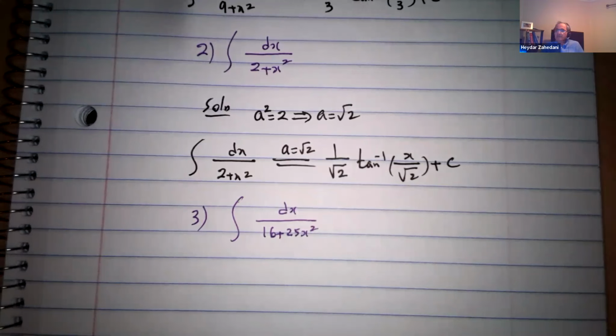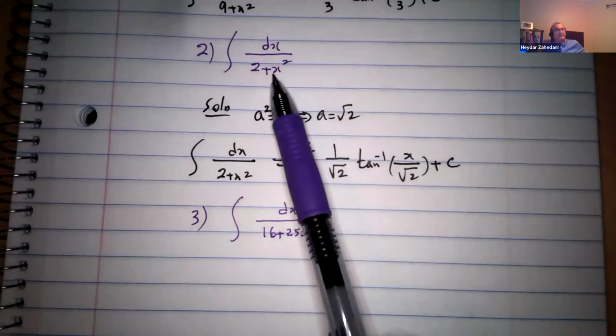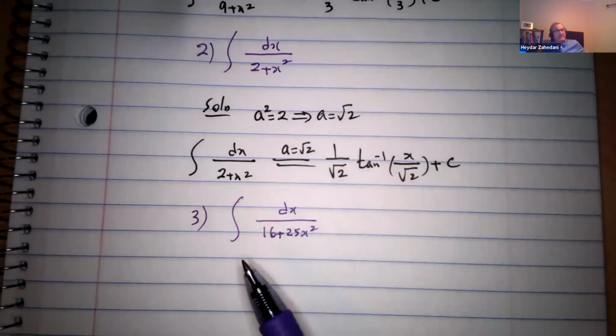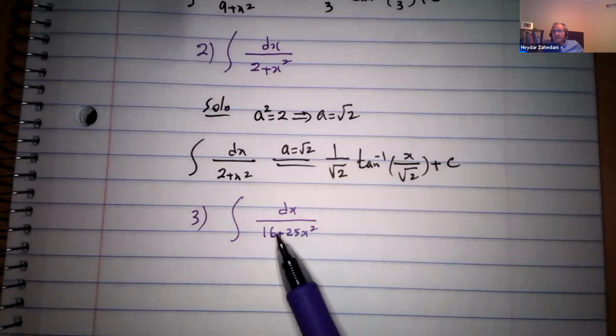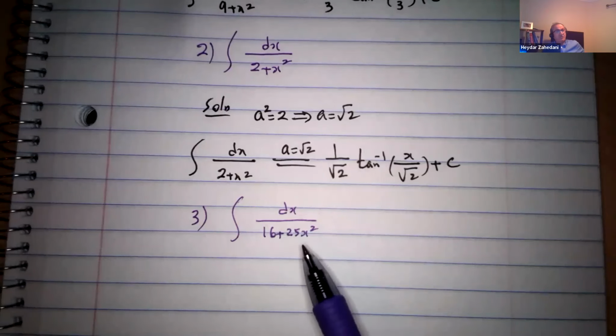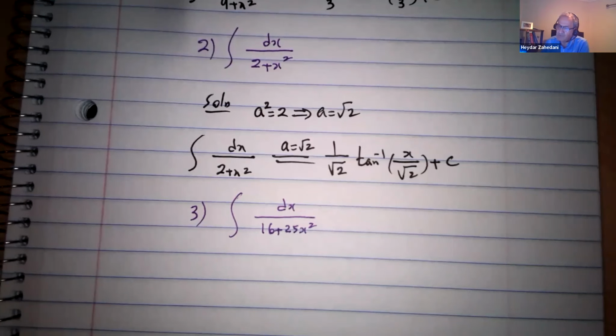You have to call this one u squared this time, so it's like 16 plus u squared. So you need to do the substitution method. If it's x squared, you're done. Anything else, you have to do the u substitution to change it into 16 plus u squared. So a little bit more job to do.